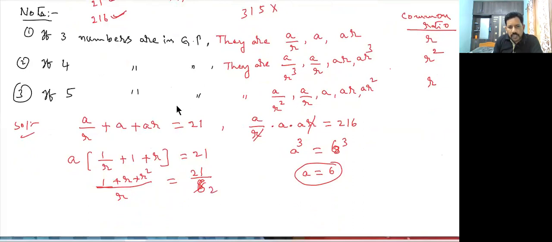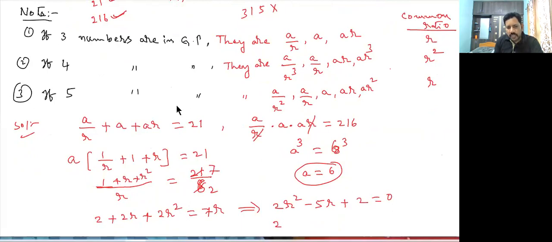Now 3 2s are 6, 3 7s are 21. Take cross multiplication: 2 plus 2r plus 2r square, that is equal to 7r. Now this is 2r square minus 5r plus 2 is equal to 0.